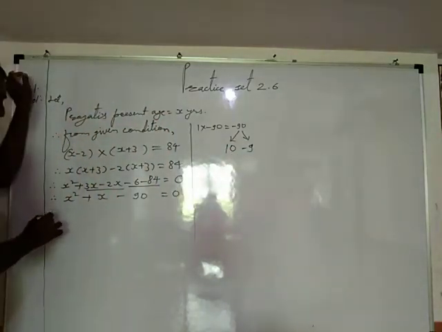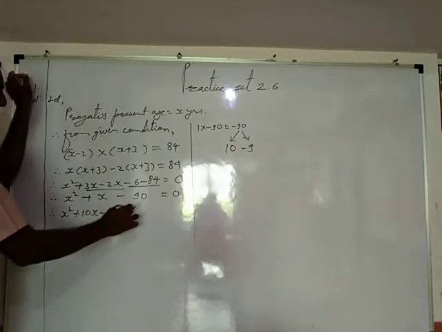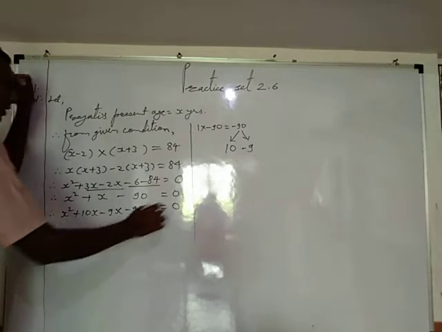Okay, and therefore it will be x square plus 10x minus 9x minus 90 equal to 0.